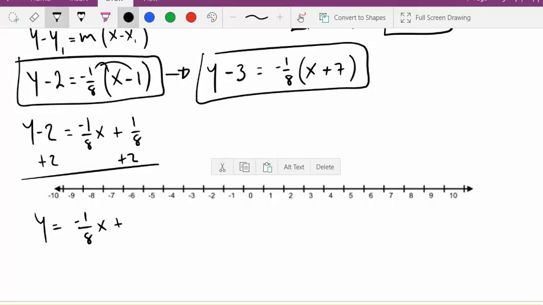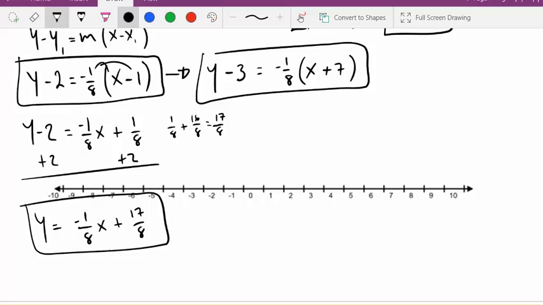Little side problem here. 1/8 plus 2 would be 16 eighths. So what's that make? 17 eighths. So plus 17 eighths, and that's kind of messy, but that's slope-intercept form.